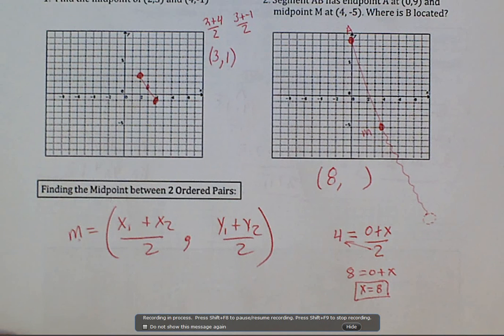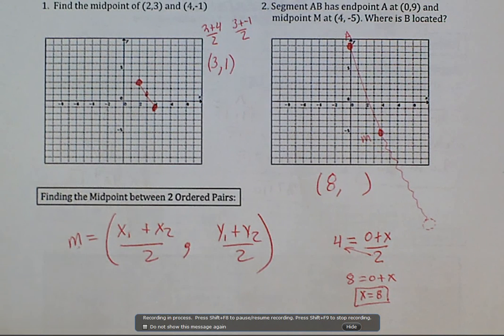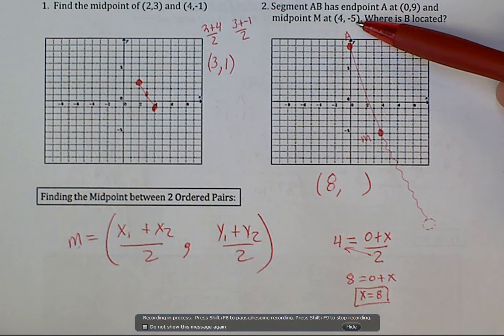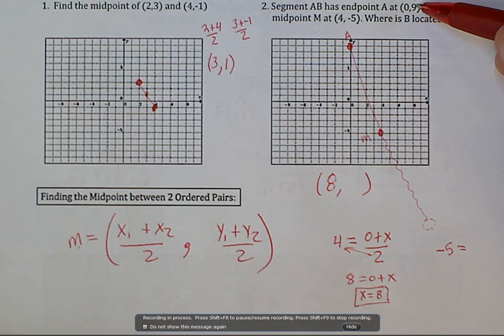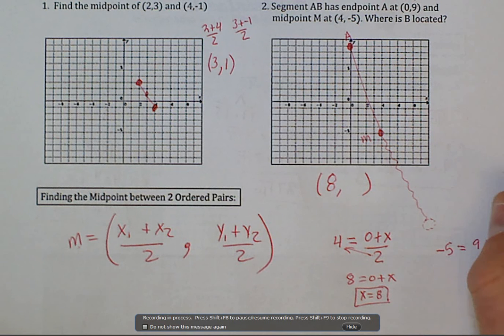Now I need to find my y. I'm going to just repeat the process, but now using this negative 5, plugging it in for the midpoint. So it looks like this. Negative 5 equals, you know what one of your y coordinates is. It's 9. So equals 9 plus y, because you're trying to find your other y coordinate, divided by 2.